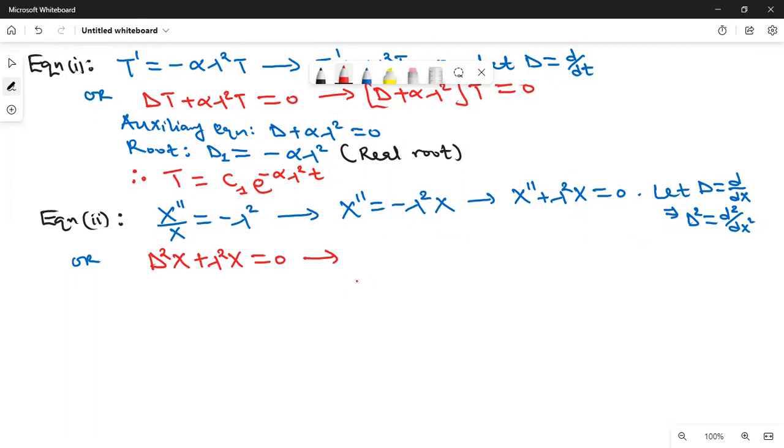And so x is common, so this can be written as d squared plus lambda squared, the whole of this operating on x to give us 0.